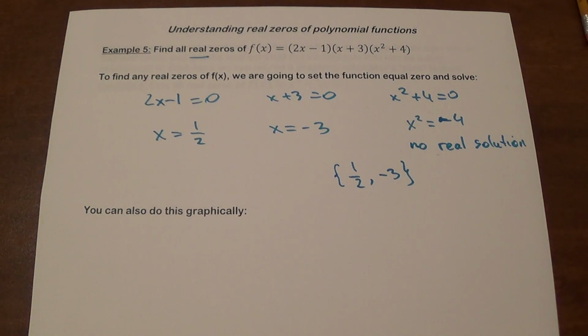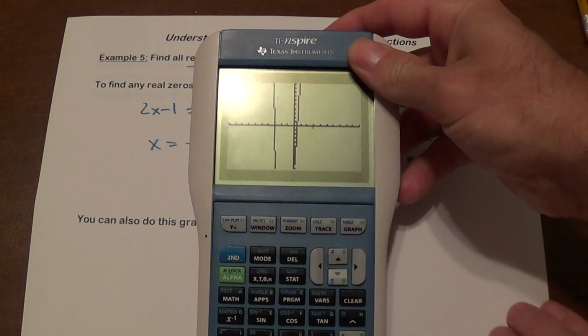So let me go ahead and graph this function. X plus 3 times x squared plus 4. Because remember, we're looking for the intersection of the graph with the x-axis. So this is what it's going to look like.